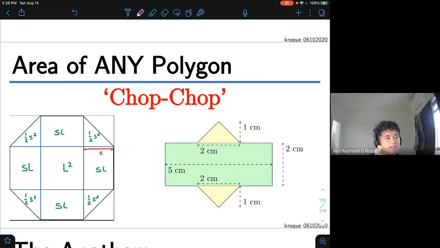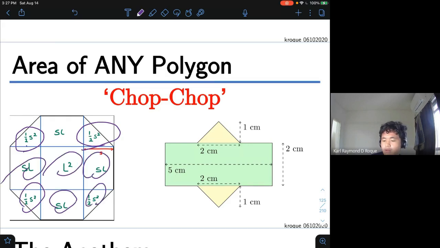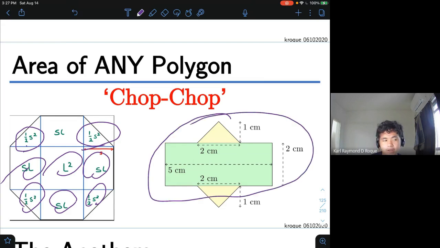So, chop-chopin mo lang yung mga stuff mo. Like example, pinapakuha sa'yo yung area ng regular octagon, mahirap yun. So, just chop it up into many parts. Get the area of each, add them. Meron kang polygon na ganyan. Chop it up into parts. Then, you can add the area.